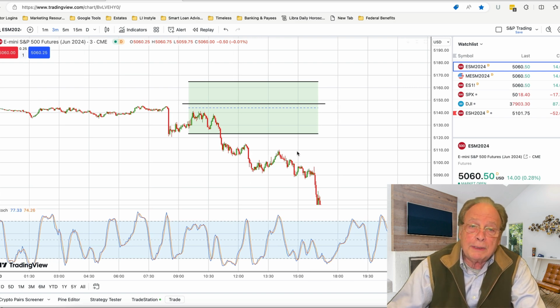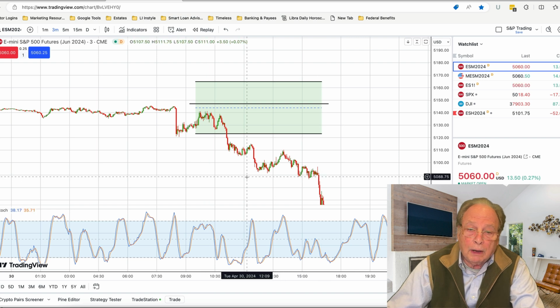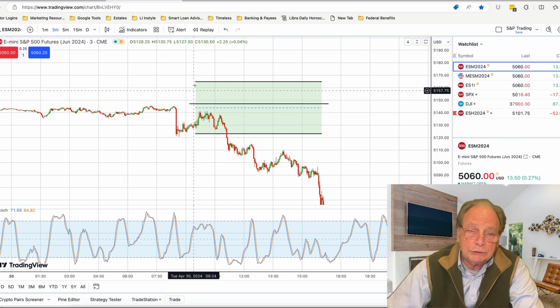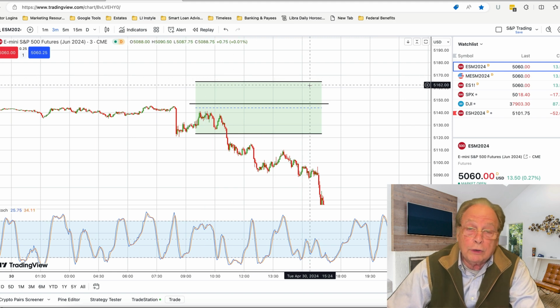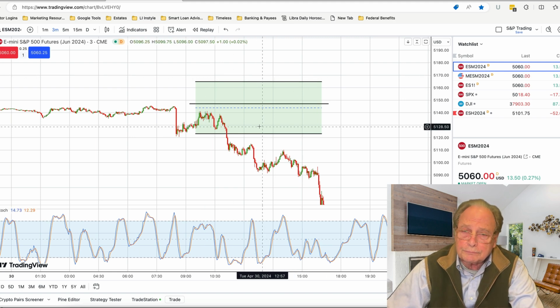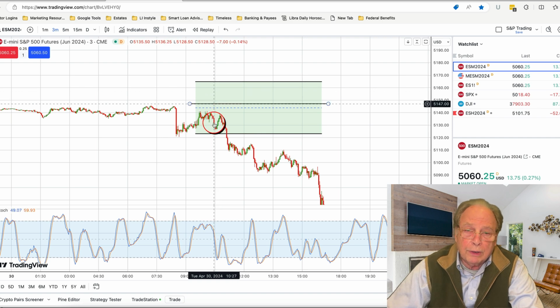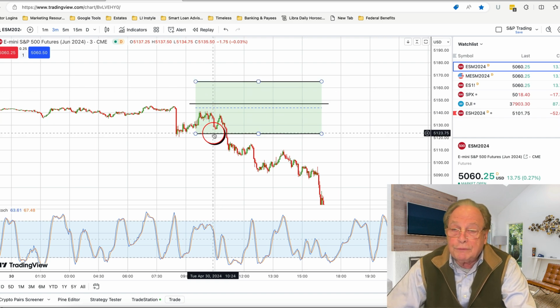Now, here is my chart of the E-mini on Tuesday, April 30th. My trading range, which I drew out before the market opened on Tuesday, showed a resistance at 51.64 and a support at 51.23.